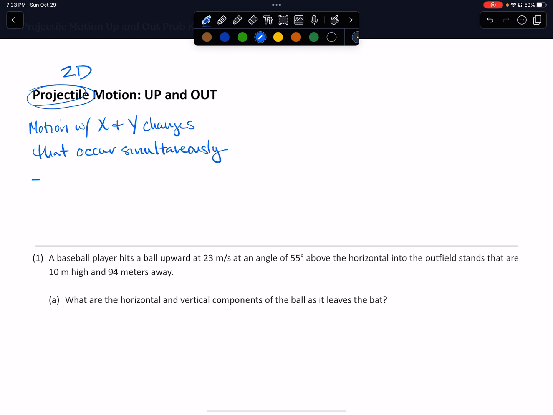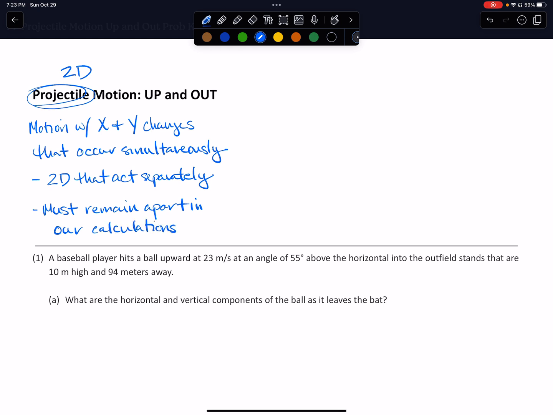The key here is that even though there are two dimensions, they act separately. And that's going to be a really important concept to keep in mind as you work these problems. So that means that these two dimensions must remain apart in our calculations.